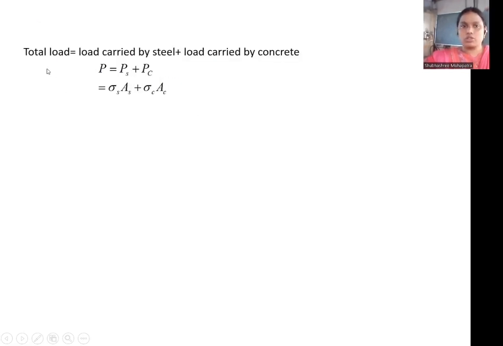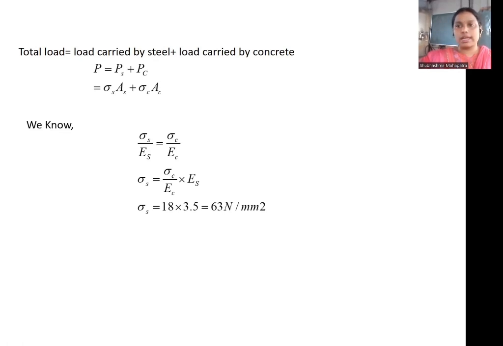Here we have to find the safe load. The total load will be equal to the load carried by the steel plus the load carried by the concrete, that is sigma S AS plus sigma C AC. We know that for a composite section, the strain for each material is equal. So if the strain is equal, then sigma S by ES is the strain in steel, and sigma C by EC is the strain in concrete.